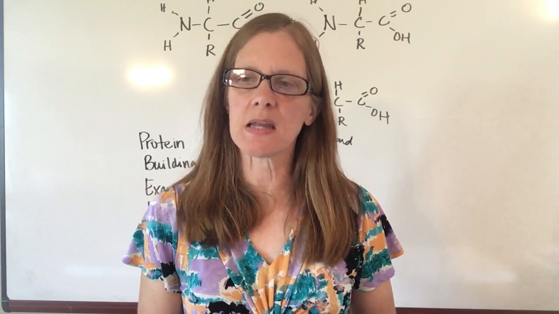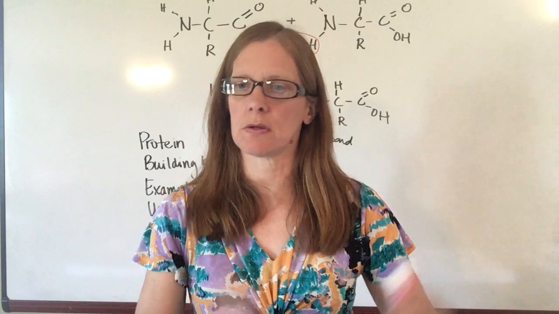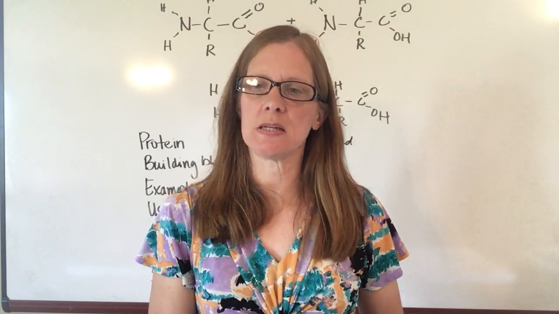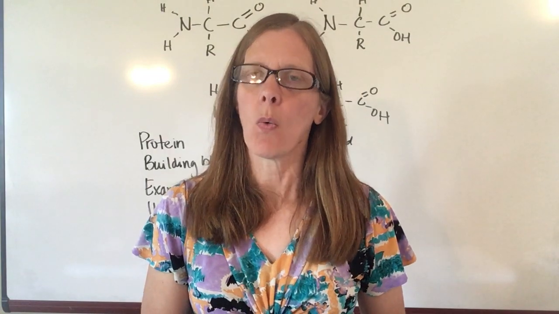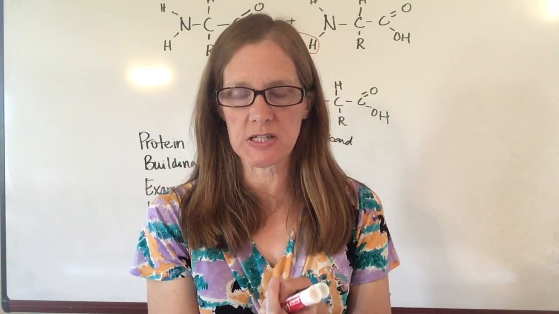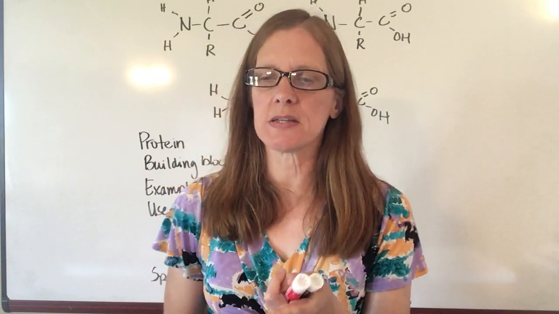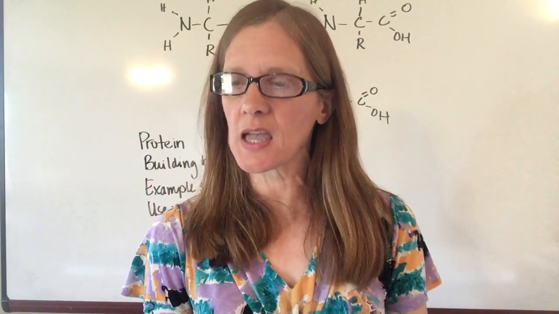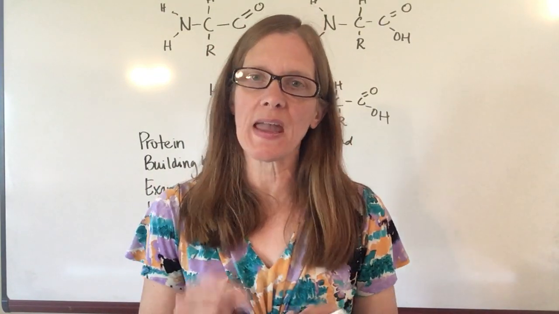There are 20 different amino acids that link together to make proteins. And so these molecules are very, very big. The property of the protein is determined by what type of amino acids are linked together. Remember, I just told you there are 20 different kinds. So it's determined by what type are linked together, how many are linked together, and what order they are linked in.